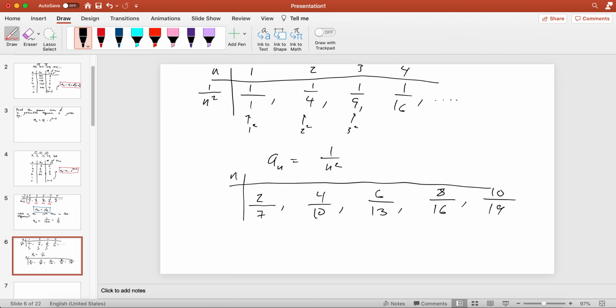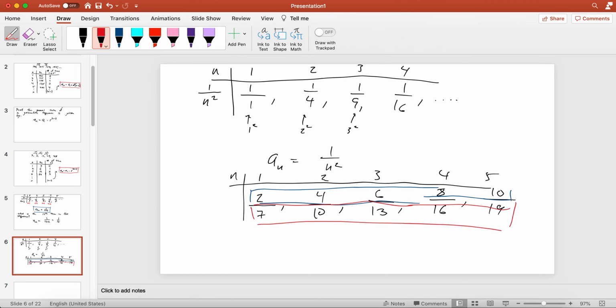Well, look. This is the first term, this is the second term, this is the third term, fourth term, and fifth term. And the trick is actually just to break it up. Look at what's happening on the top, and look at what's happening on the bottom separately. Look at these two as separate, okay? So up here, this is an arithmetic sequence. If this is 1, this is 2.